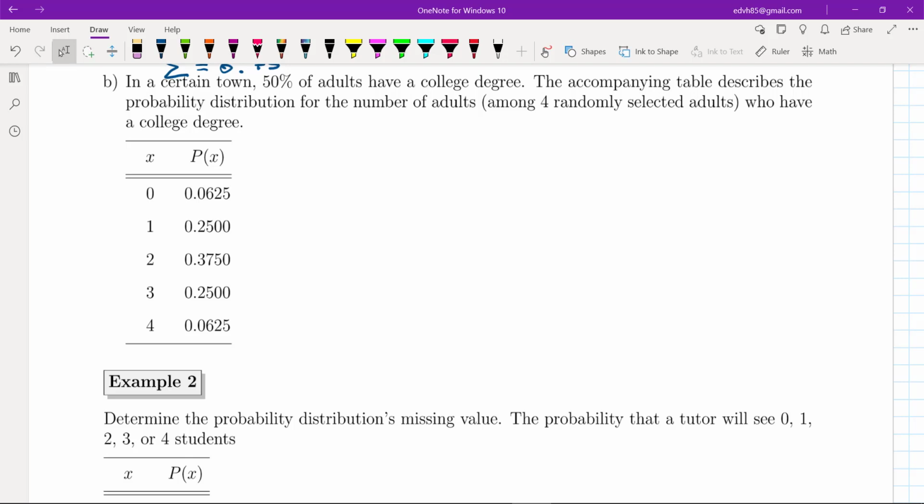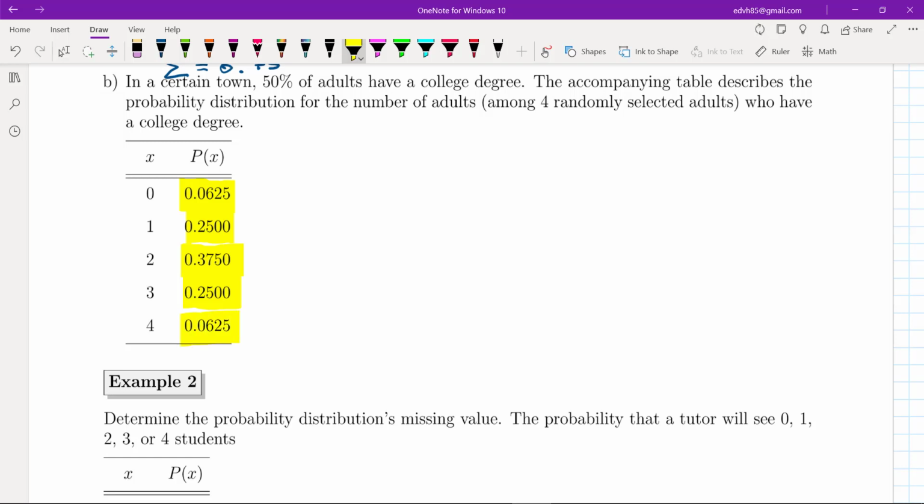X is the number of adults, and P of X the probability that they have a degree. So for example, what's the probability that from the sampling, none of them have a degree? Well, that's the probability. What's the probability that out of the sample of 4, they have a degree? Well, it's 0.25. The probability that 2 from the sample have a college degree, and the probability that 3 have a degree, and the probability that 4 have the degree.